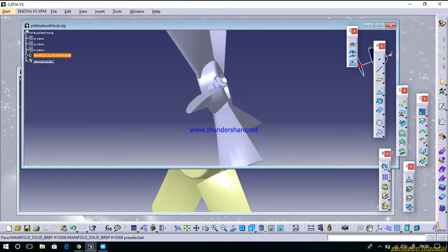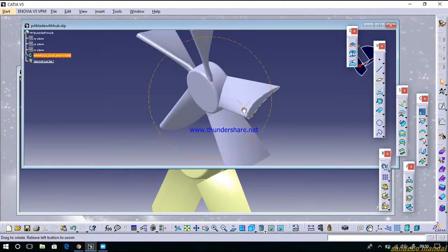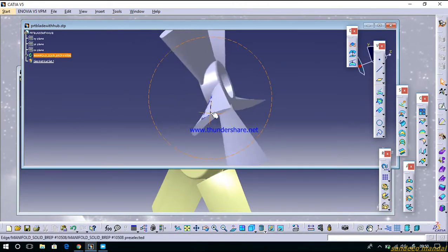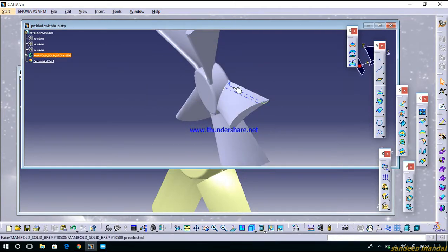So I have made this very sharp so that the air flowing through the aerodynamic shape passes through this trailing edge and does not form any turbulence here. Circular eddy formations are less in this type of aerodynamic shape.